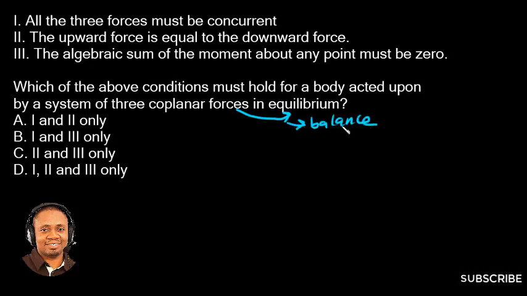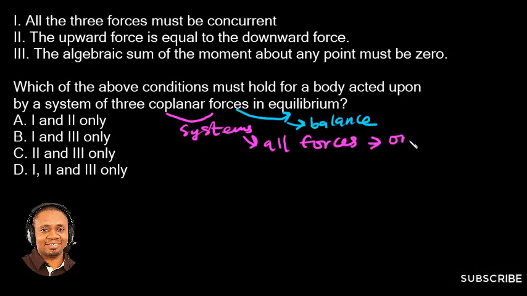Okay? And coplanar force systems have all the forces acting in one plane. Okay? So I would like us to quickly go through a summary of the characteristics of a coplanar force system.